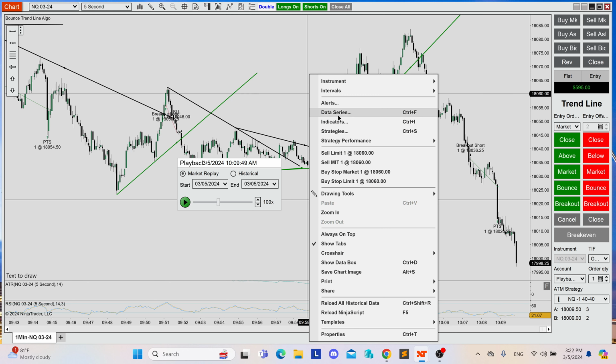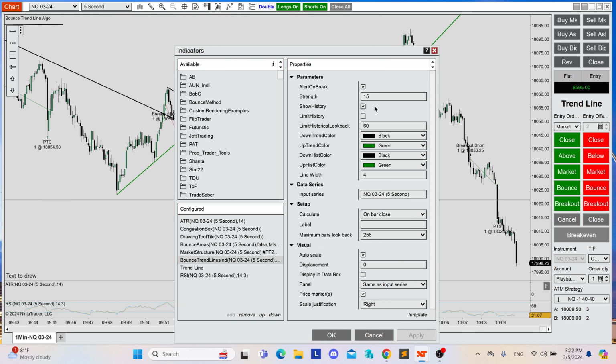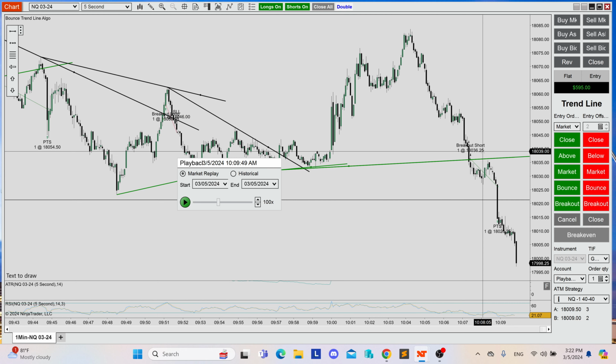Oh, I think I forgot to switch it to 21. That's why I didn't see the trend line. So you specify which trend line in a strategy, and it uses those settings. But here, why wasn't there a trend line?